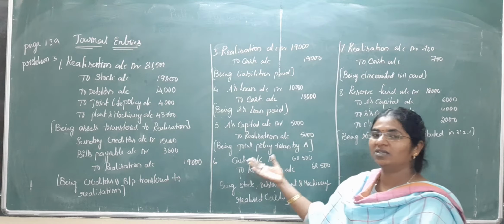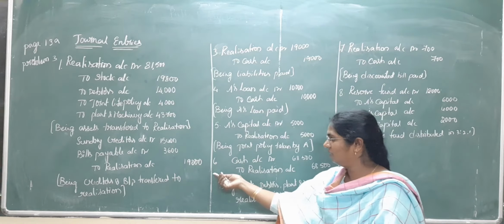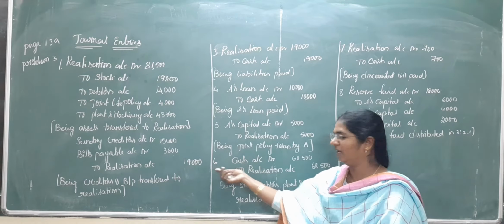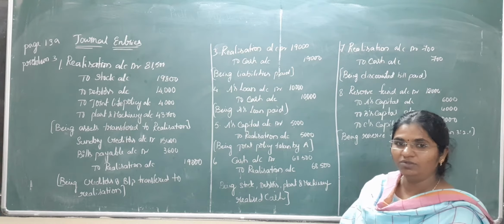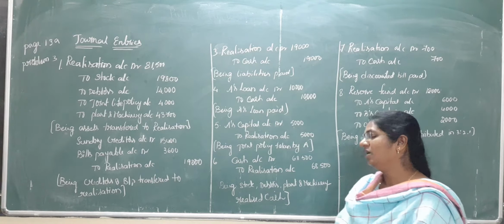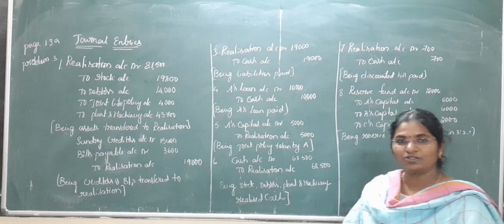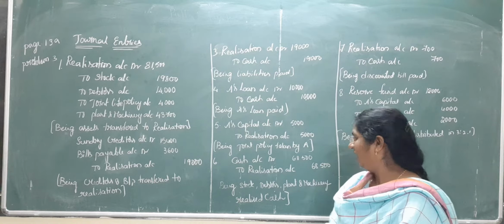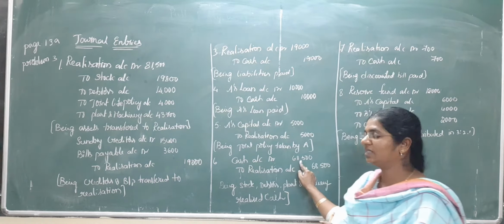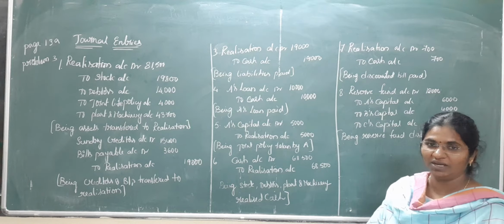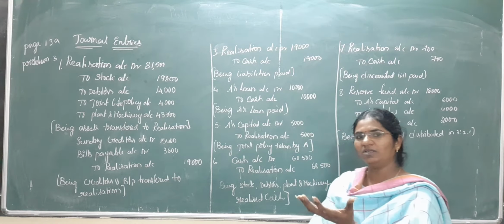Let's move on to the other assets and how they have been mentioned in the problem. I have written journal entry number 6, which represents cash account debit to realization account, and here we showed an amount of 68,500. It's a lump sum amount. Let us check in the problem whether that amount is given.